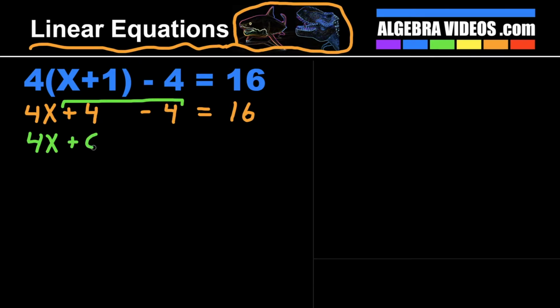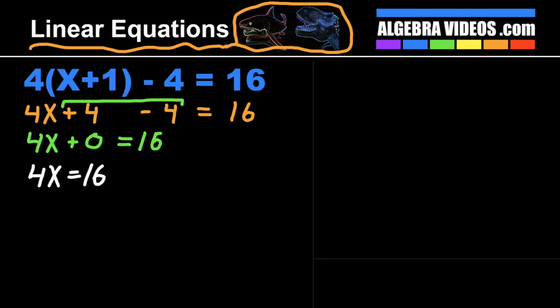So I'm just going to rewrite 0. And that is equal to, on the right side, 16. I think we can simplify this again. We'll just get rid of the 0, right? So let's rewrite this again without the 0. 4x equals 16.